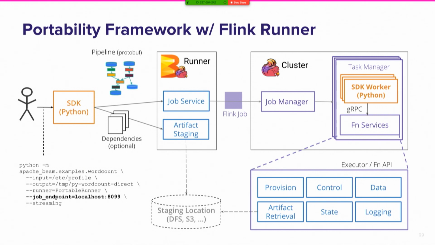This runner is a Flink Runner in this case. It takes that pipeline and translates it into a Flink job graph using Flink's native API, which is DataSet or DataStream, depending on whether it's batch or streaming. And from then on, it's like any other Flink job. It's being submitted to the Flink cluster.